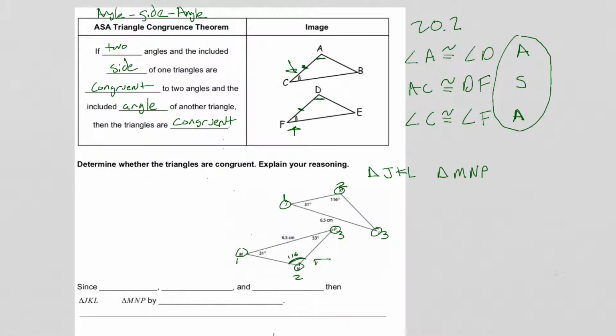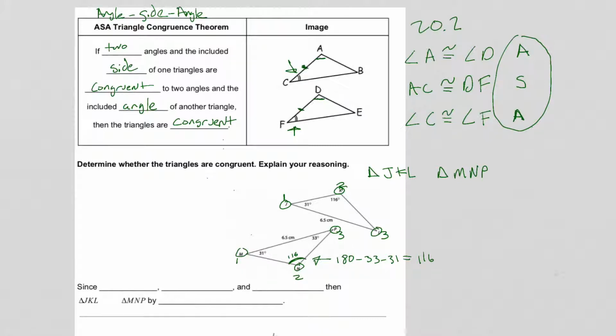The answer to that question is 180, the total sum of the interior angles of a triangle, minus 33 and minus 31. What does that equal? So I'm just going to type that in my calculator. 180 minus 33 minus 31. It is in fact 116 degrees.